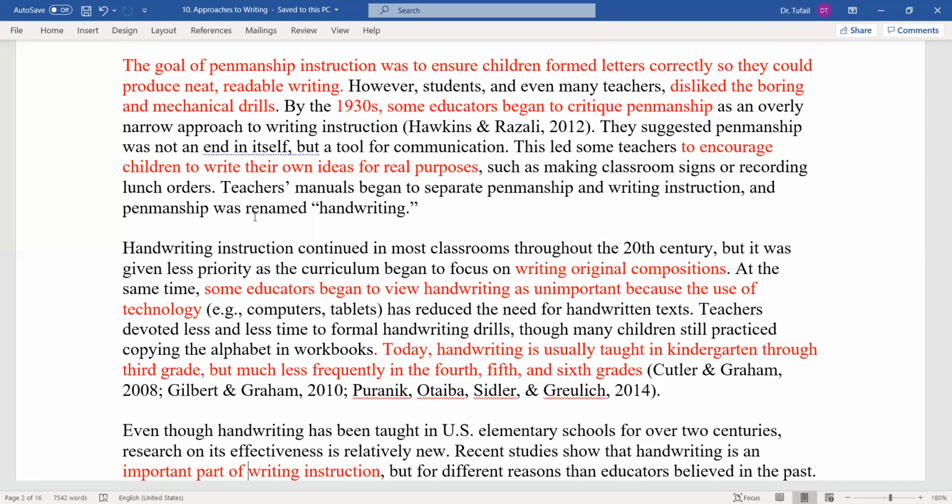When we talk about original composition, we mean writing which has certain content that carries sense and meaning and conveys certain information.